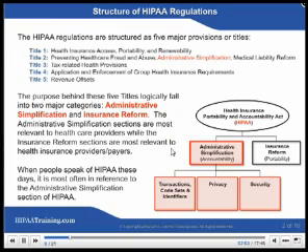Structure of HIPAA regulations. The HIPAA regulations are structured as 5 major provisions or titles. Title 1. Health Insurance Access, Portability, and Renewability. Title 2. Preventing Healthcare Fraud and Abuse, Administrative Simplification, Medical Liability Reform.